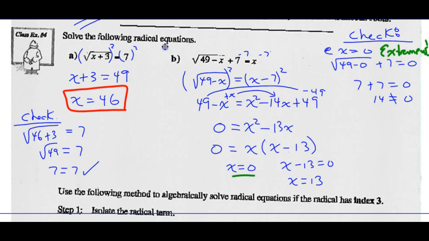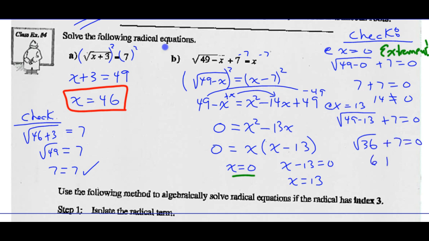All right. Let's see what happens when we plug in 13. The square root of 49 minus 13 plus 7 should equal 0. So 49 minus 13 is 36. The square root of 36 plus 7 should equal 0.